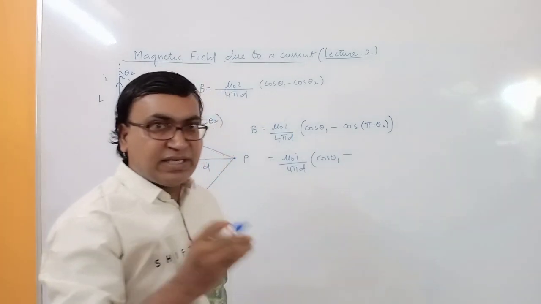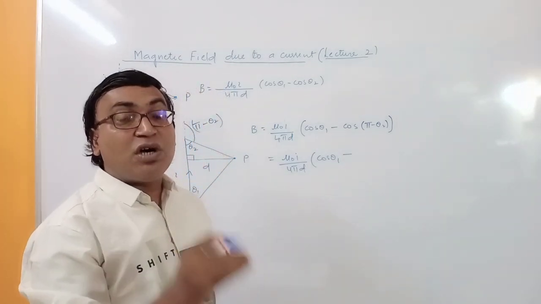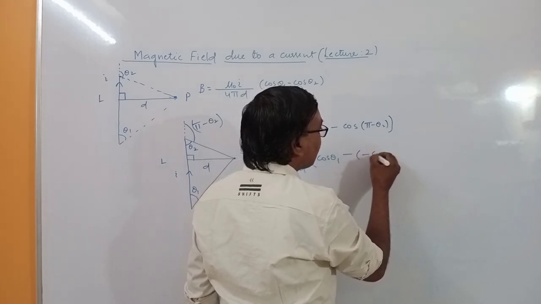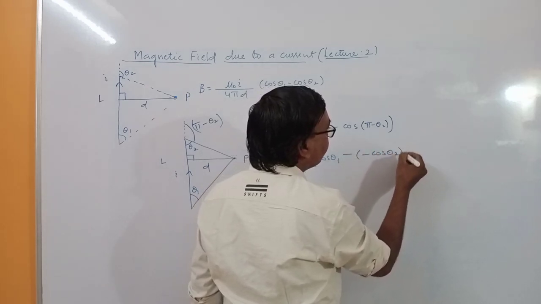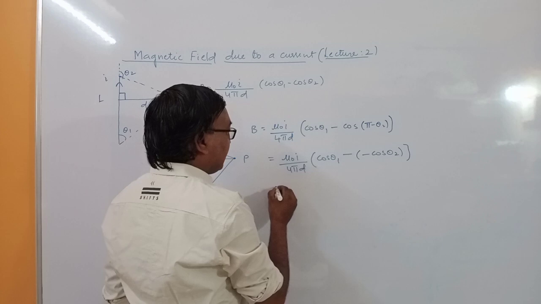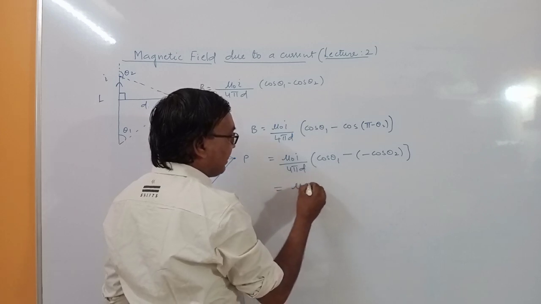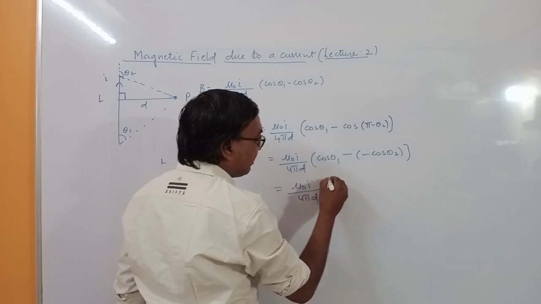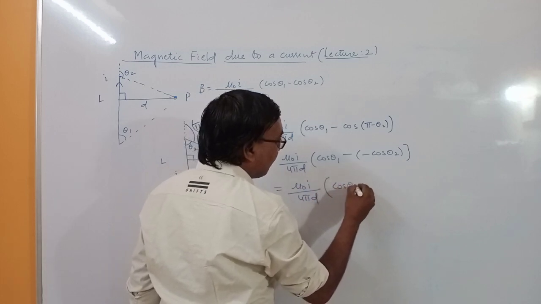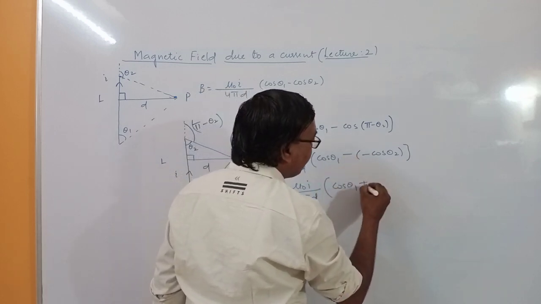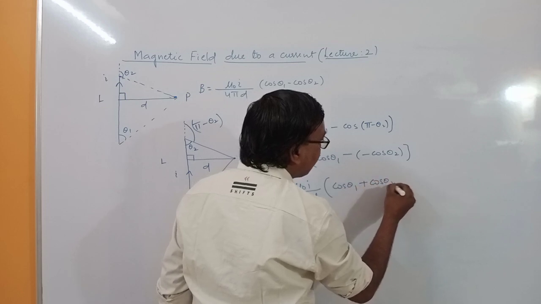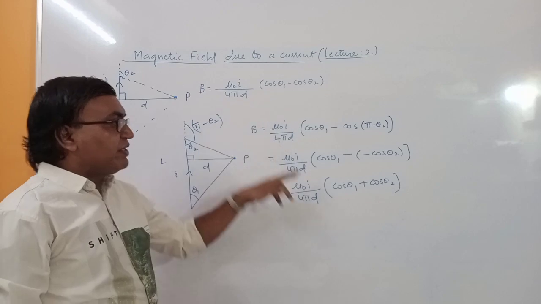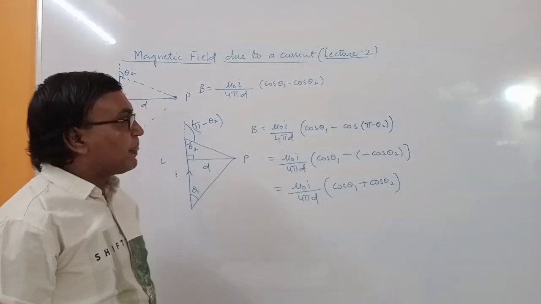Cos 180 minus theta is minus cos theta. So this will be minus cos theta 2. Then finally this equation will become mu naught I by 4 pi d into cos theta 1 minus of minus, that is plus cos theta 2. So instead of using this equation you can also use this equation.